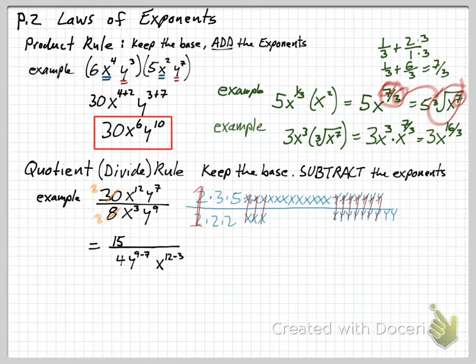I don't want this guy to be down there, and I don't want this guy to be down there. So we don't want it to look like that. All right, and then I can just simply do 12 minus 3 and 9 minus 7, and I will get my final answer.